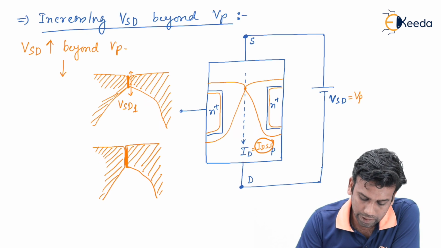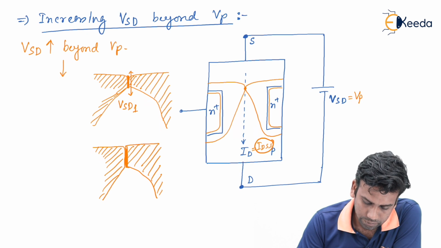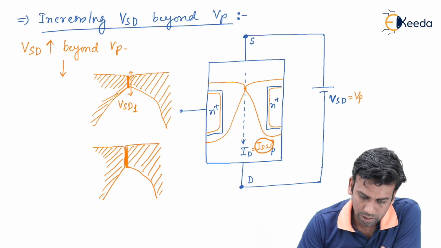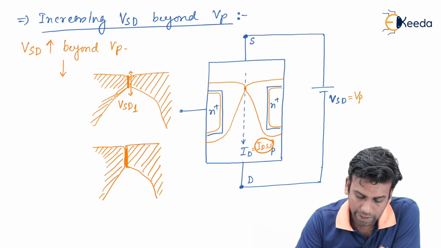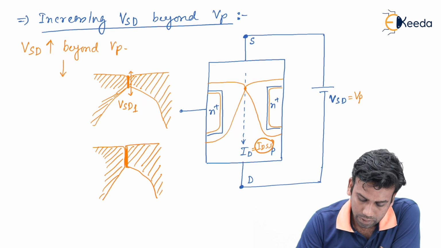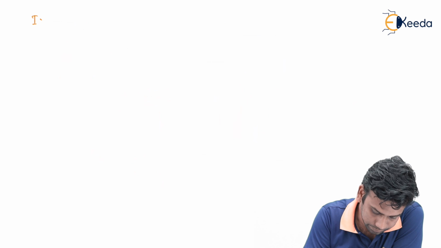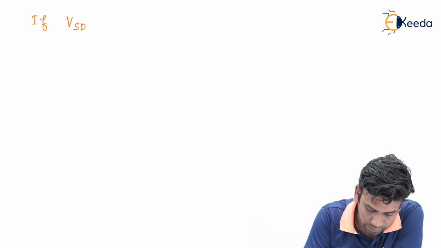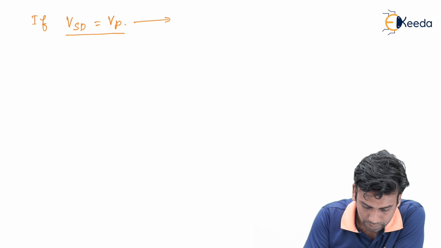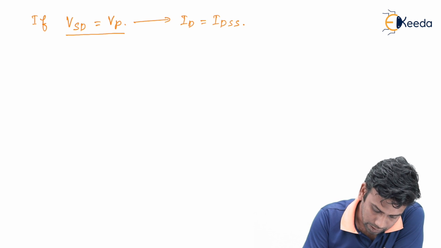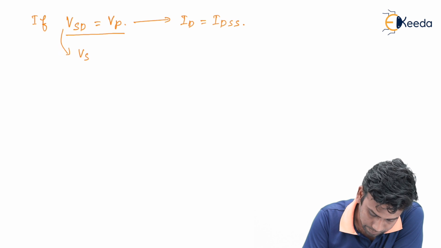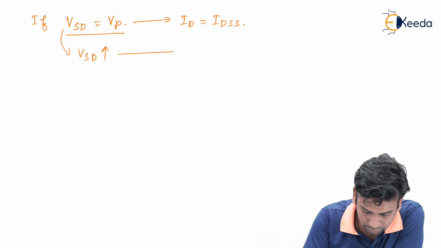So, in this condition we can say that we can use the JFET as a current source having fixed current at the point of Vp. How? Look, if VSD is equal to Vp, then we know that the ID current will be IDSS. Now, if we increase the VSD, then also ID will be IDSS.